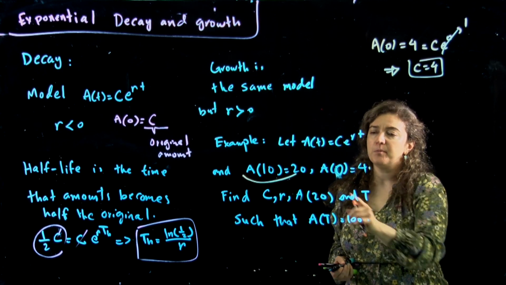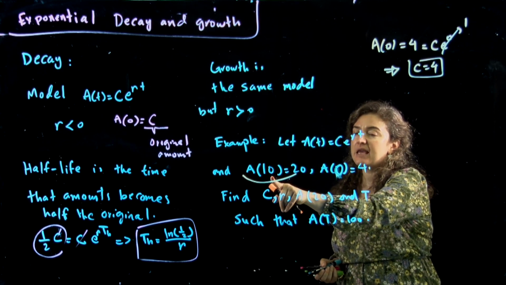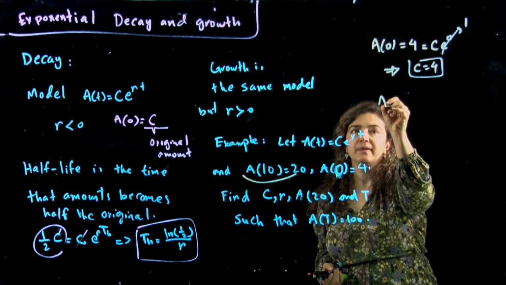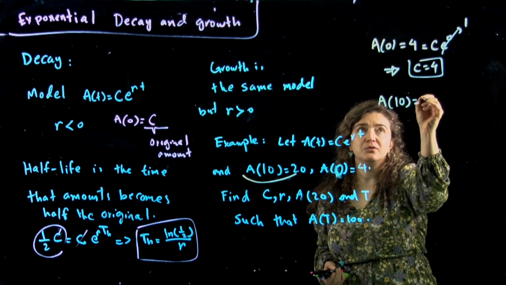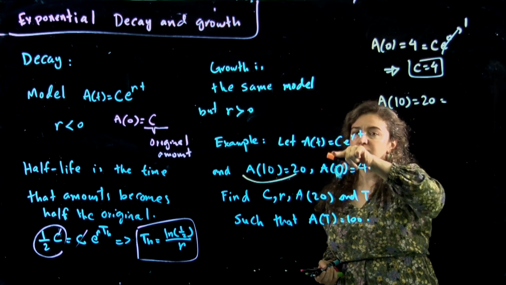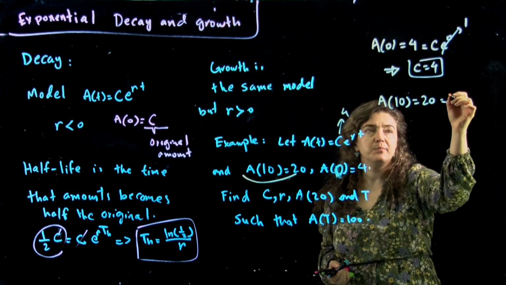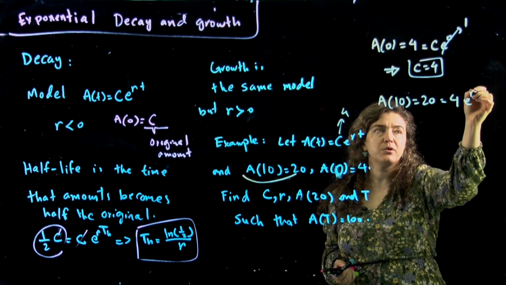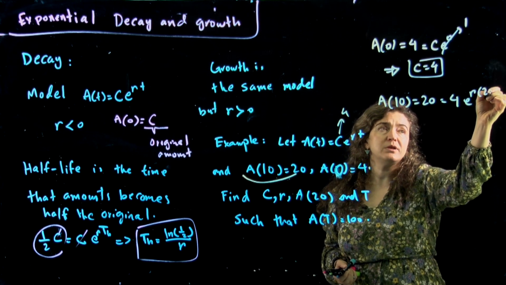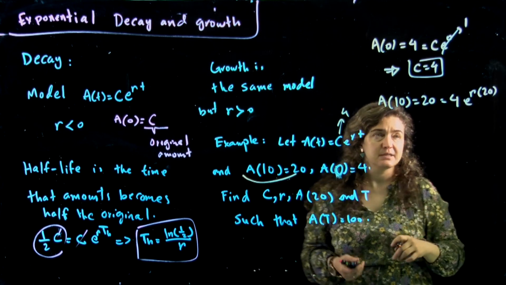Now let's find r. The other piece of information that I have is A(10) is equal to 20. Now I have c equal to 4, so I plug it into 4 e to the power r times 10, equal to 20. The only variable is r.